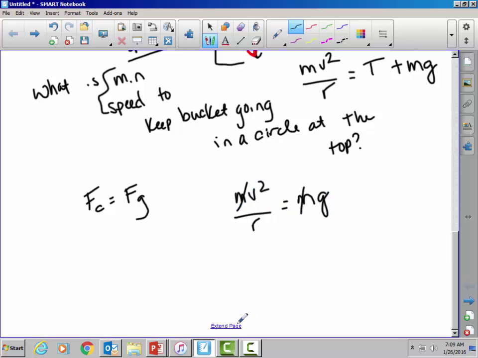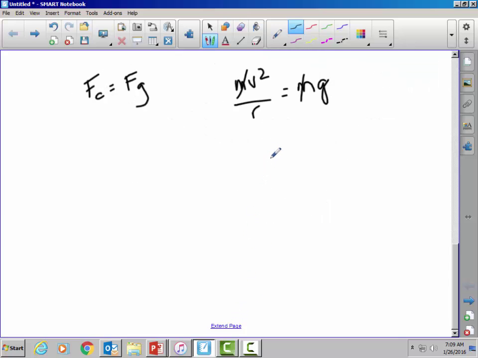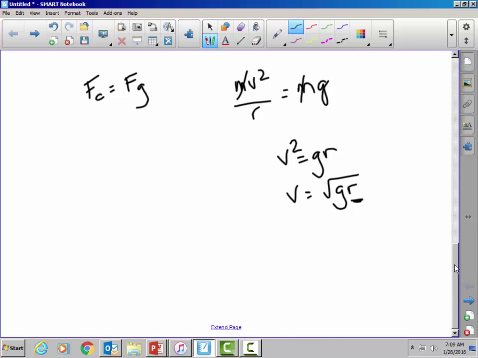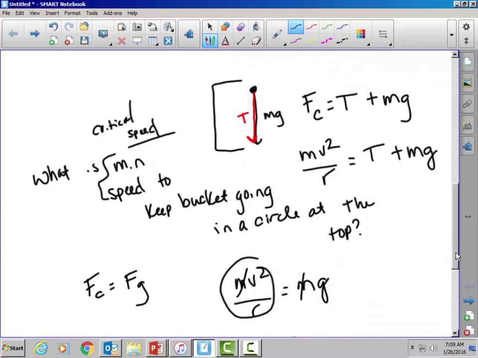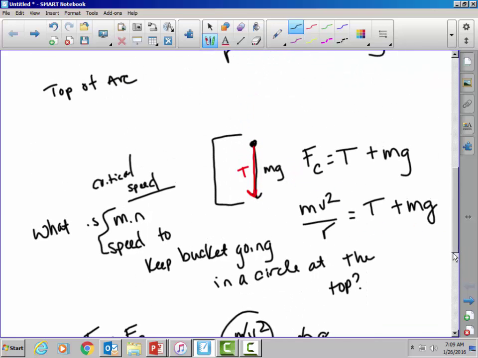So we have m's on both sides. So we get v squared equals gr, and v equals the square root of gr. So really the minimum speed has to do with what size of circle you're trying to make, right? So the object has to be going at least this fast in order to maintain the circular motion at the top.